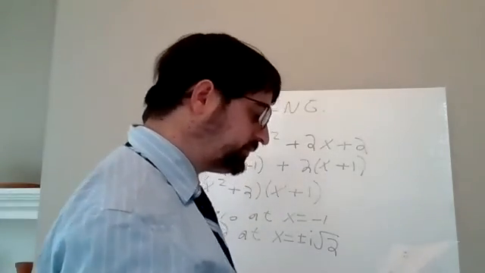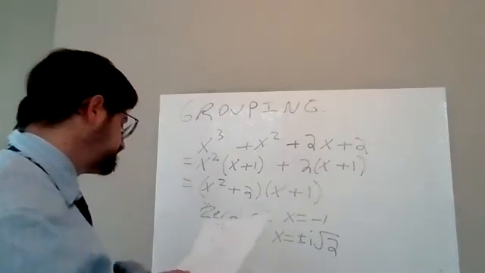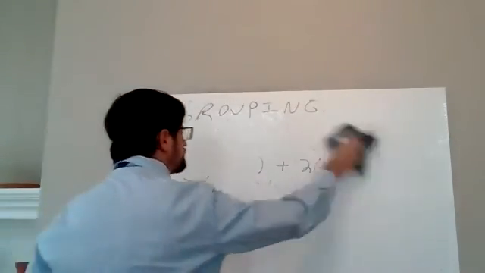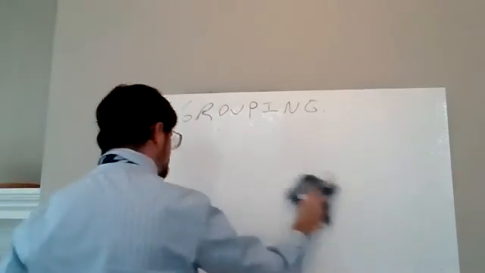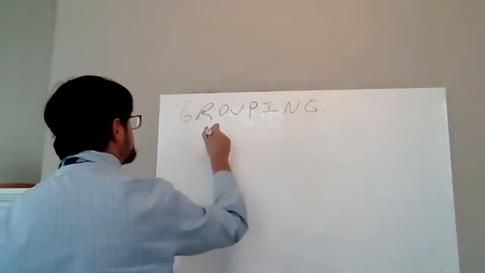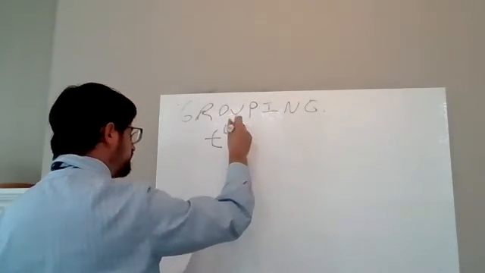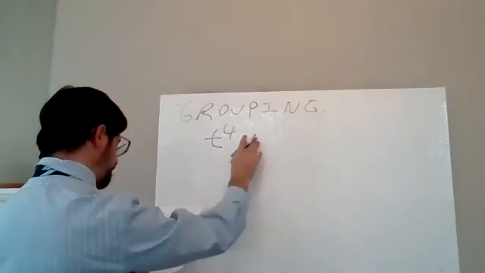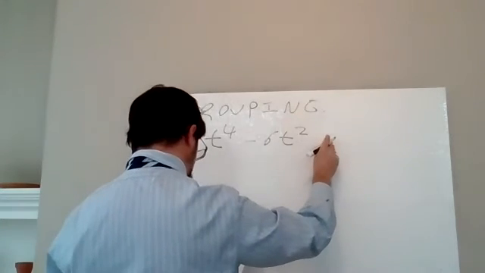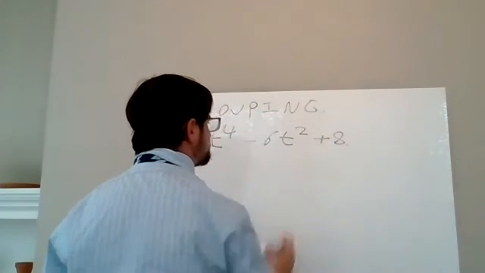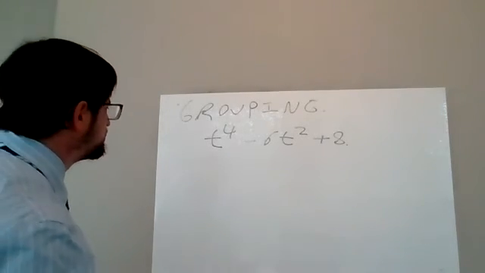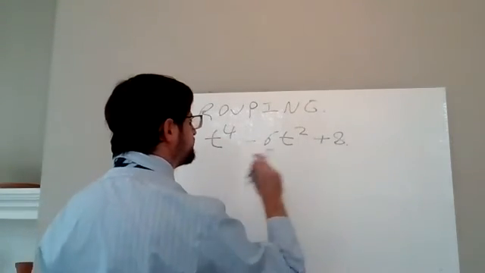Okay. Another trick we can do is substitution. What do I mean by that? Look at the following example. Let's say I have the polynomial t to the fourth minus 6t squared plus 8. Well, that's a little hard to work with, but I can substitute t squared in for another variable.